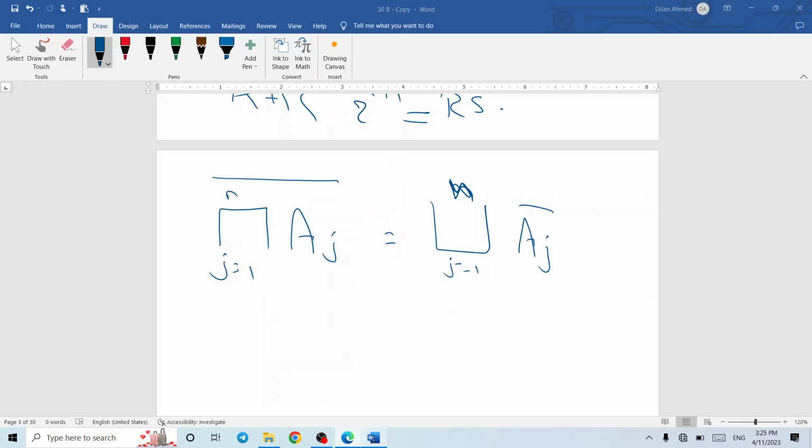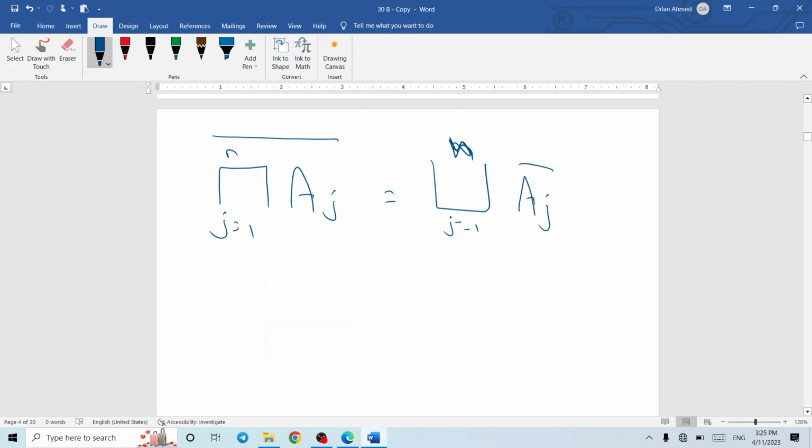So how do we show it? We say by induction, of course. First, let N be. Do you think one is working? Intersections between one set or two sets. So let me start with 2. Let K be 2.